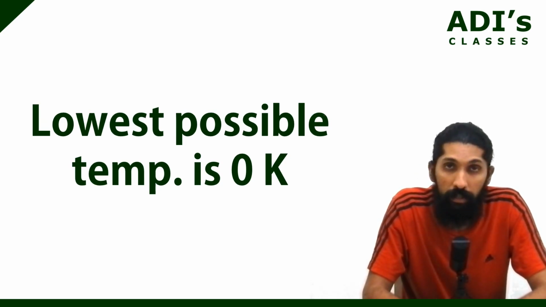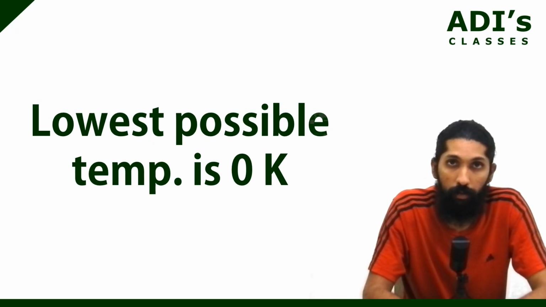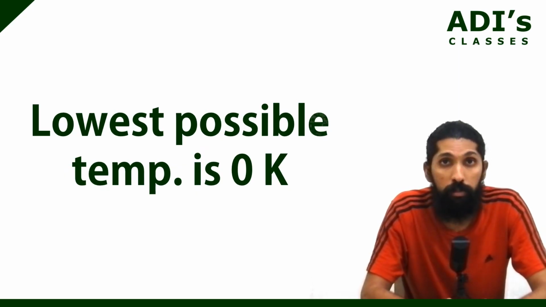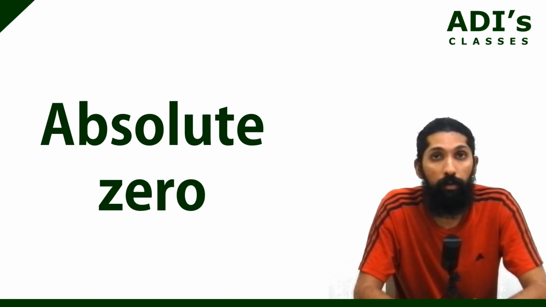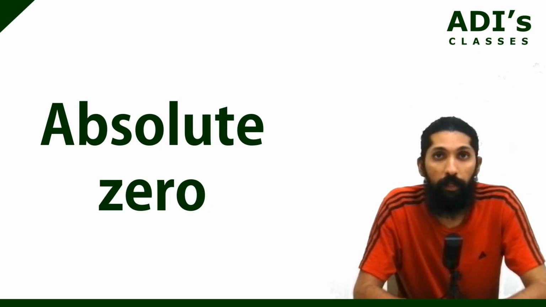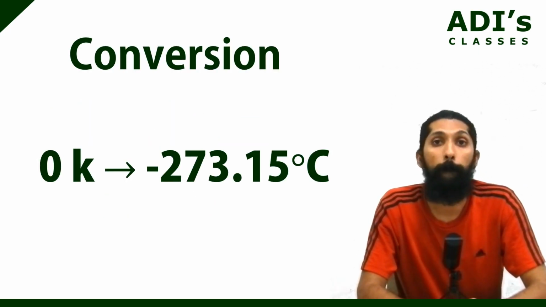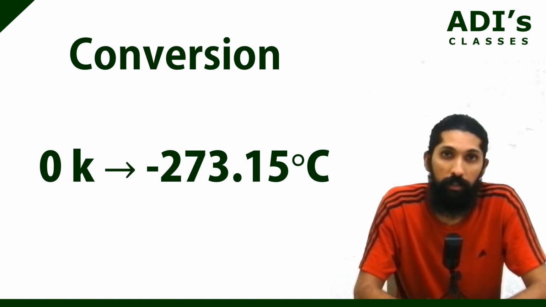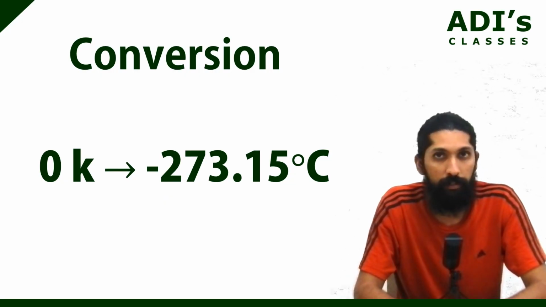So Kelvin is the unit we use for absolute temperature. 0 Kelvin is the lowest possible value, and this temperature is called absolute zero. If we convert that into Celsius, 0 Kelvin becomes minus 273.15. That 0.15 we generally ignore, we can just say minus 273.